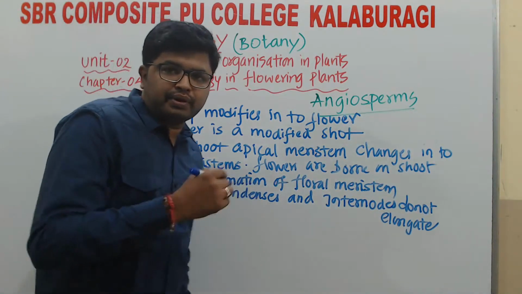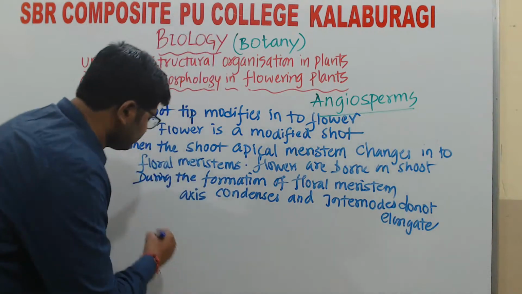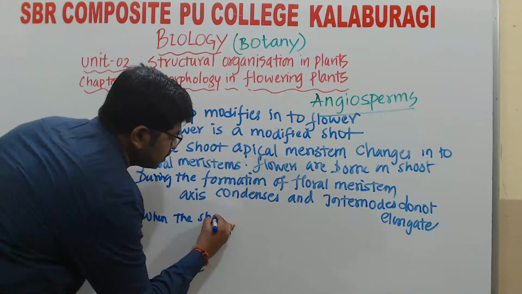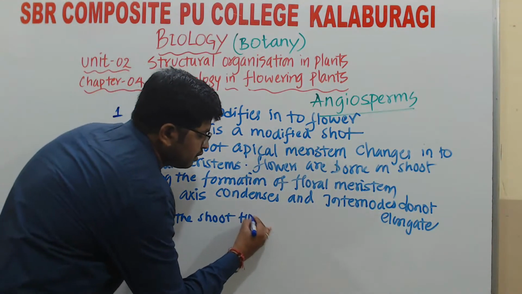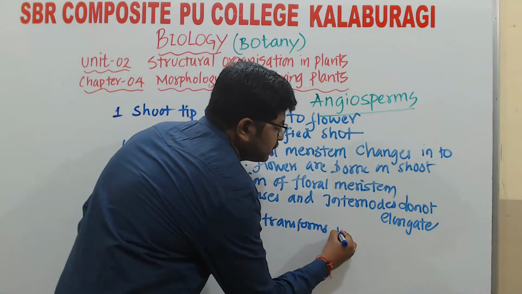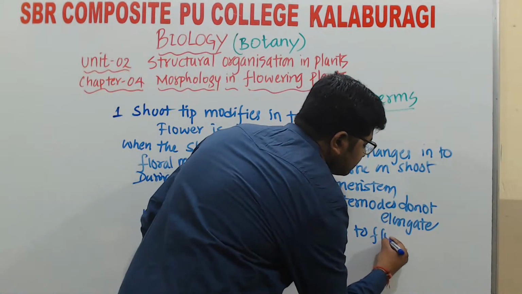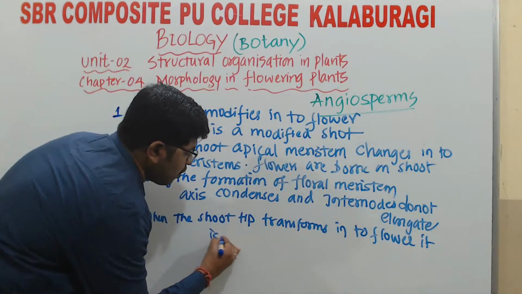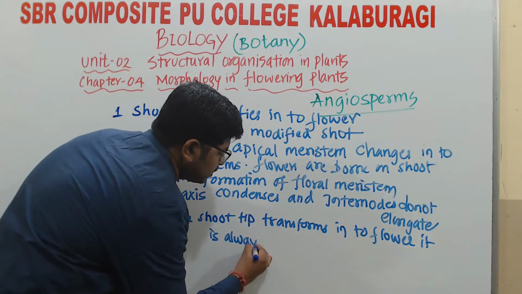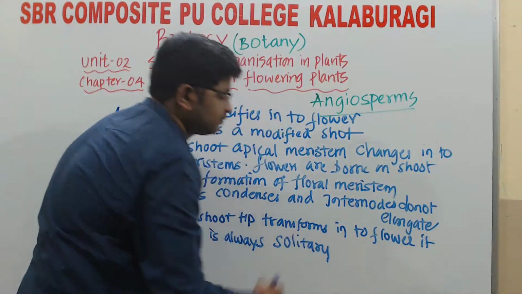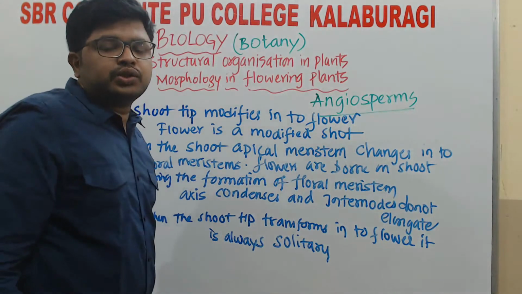When the shoot tip transforms into a flower, it is always solitary.